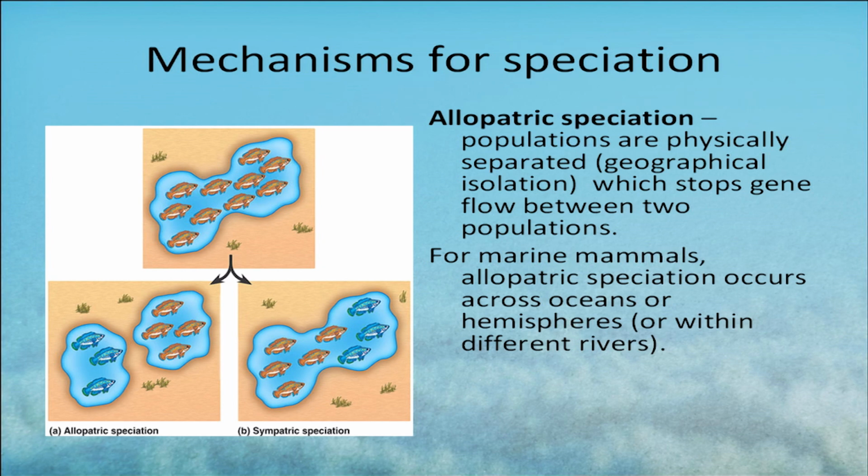For marine mammals, even though we're still dealing with water, there are those physical separations. They happen across oceans. The Atlantic Ocean versus the Pacific Ocean, for example, is separated by the American continents. That's a huge allopatric speciation mechanism. Another one that may not be quite as obvious is actually using the equator, which separates the northern hemisphere from the southern hemisphere.